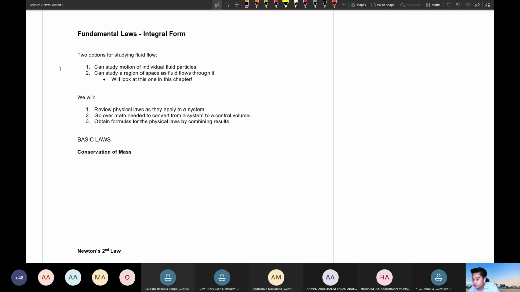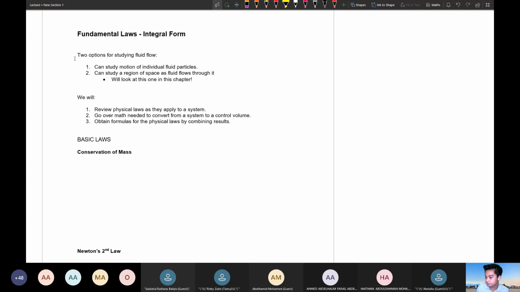The integral form is very important, especially when we have different kinds of area. For example, area inlet 1 is different from area inlet 2.